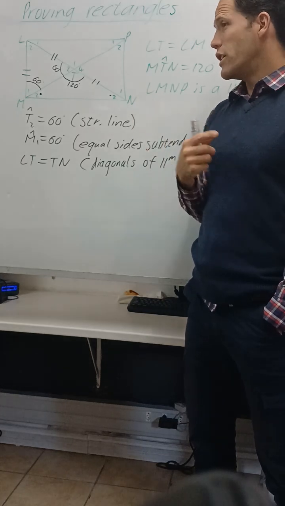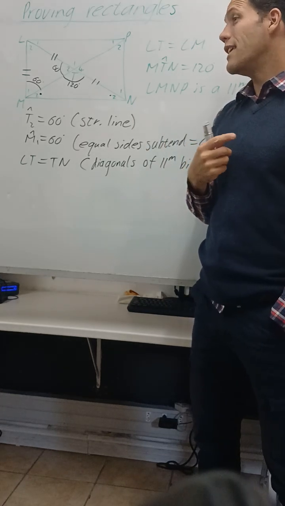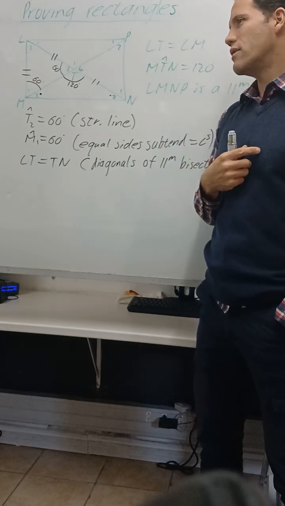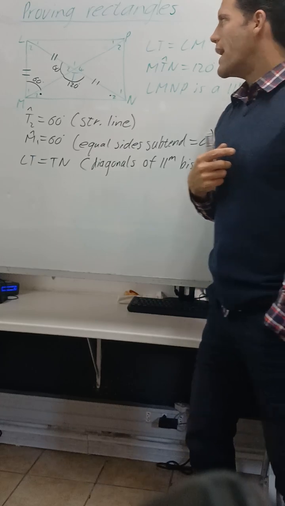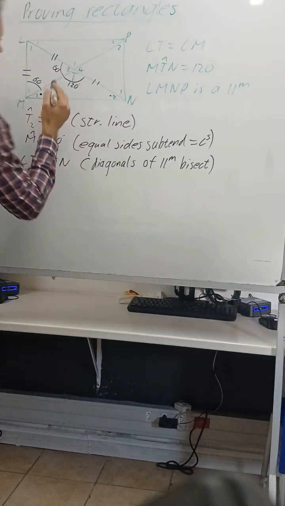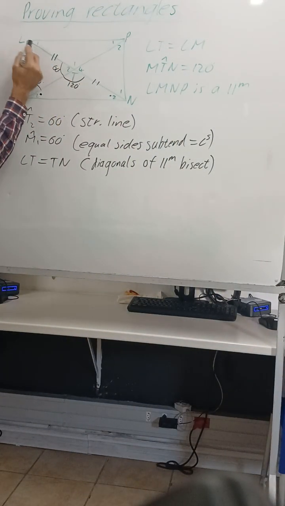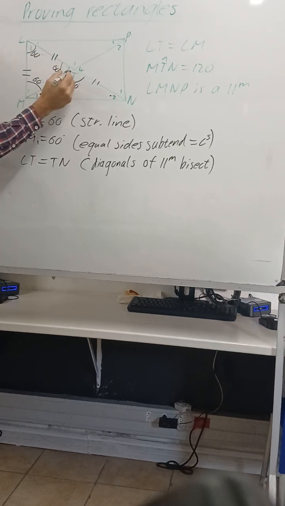That's where you need to remember what we know about an equilateral triangle. For an equilateral triangle, all sides are equal. Can we say that LTM is an equilateral triangle? We can, because if it's 60 and 60, then L2 must also be 60. 60 plus 60 plus 60 is 180.